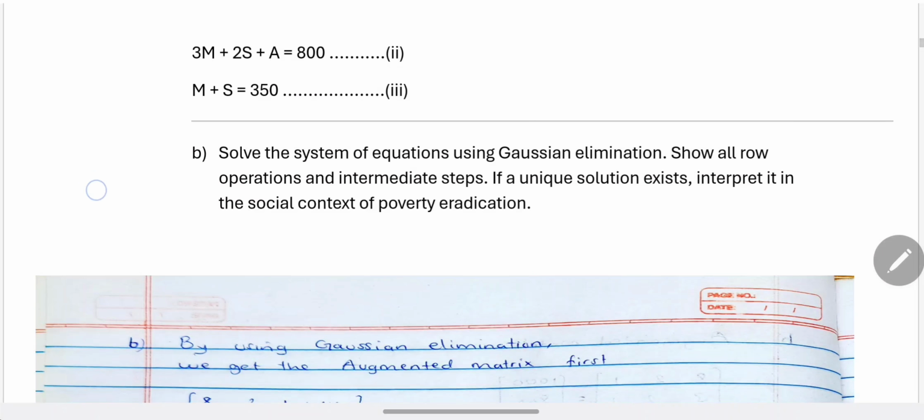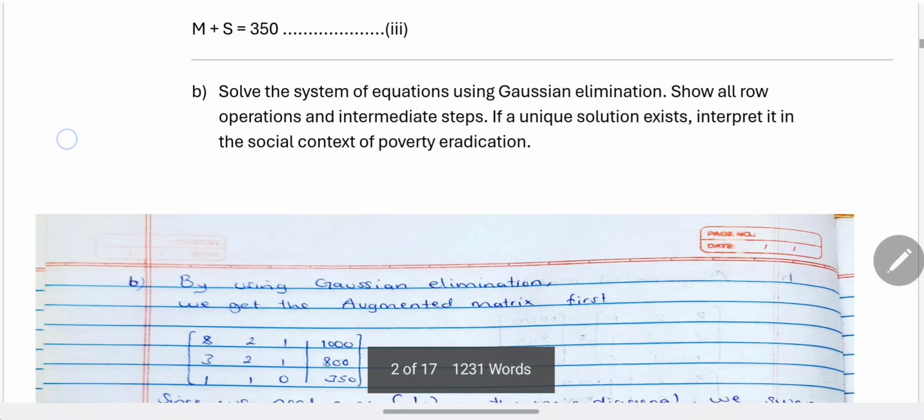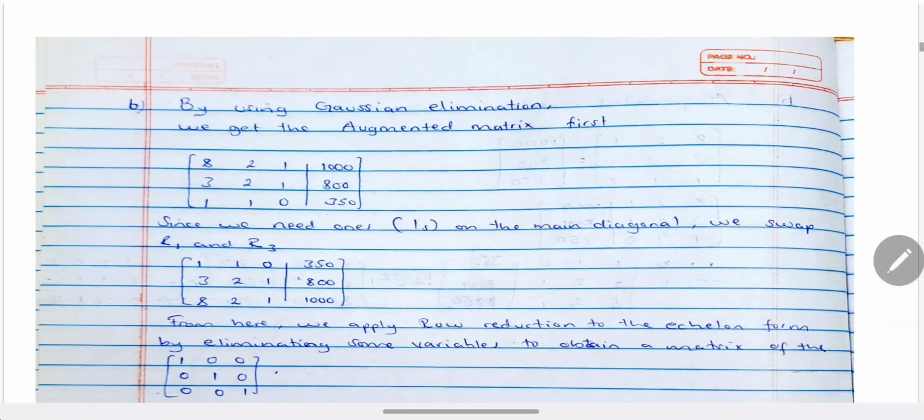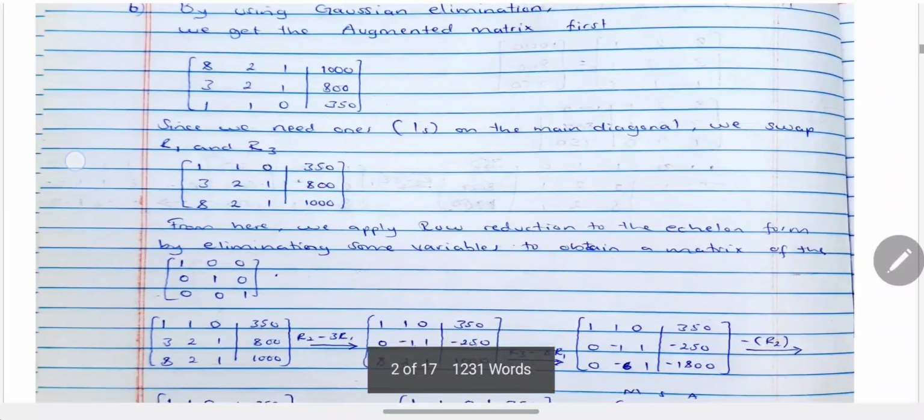Part B of the question told us to solve this using Gaussian elimination, whereby, as I told you, we first need to get the augmented matrix, which is simply the coefficients from the linear equations. From there we need to get this into a matrix with ones on the main diagonal.